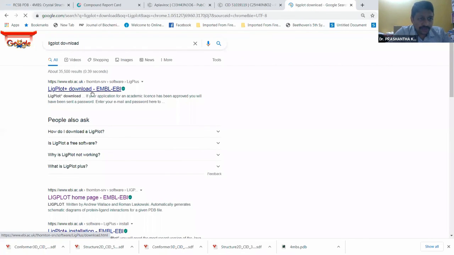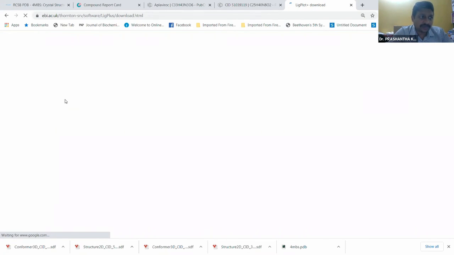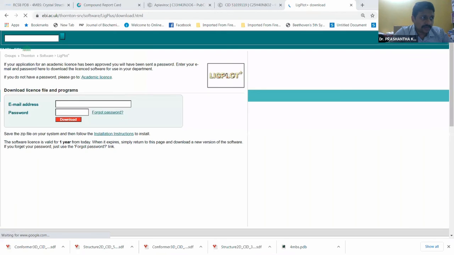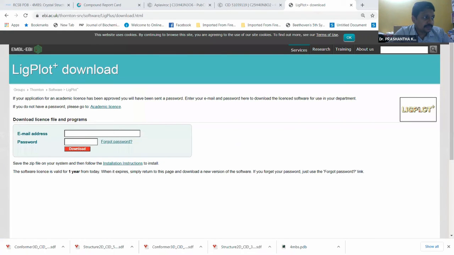You can also download this LigPlot. Just check if we can download. You have to go to academic license. If you do not have a password, please go to academic license and then you can get it.